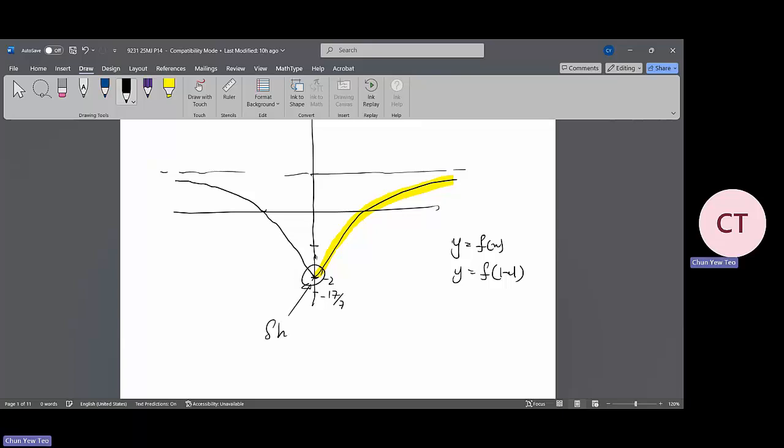Please take note that this corner is a sharp corner, not a round corner, so make sure you show the features properly. Just now I told you that this is negative 1 plus 17 over 2. Taking the modulus of it, it will be 17 minus 1 over 2.